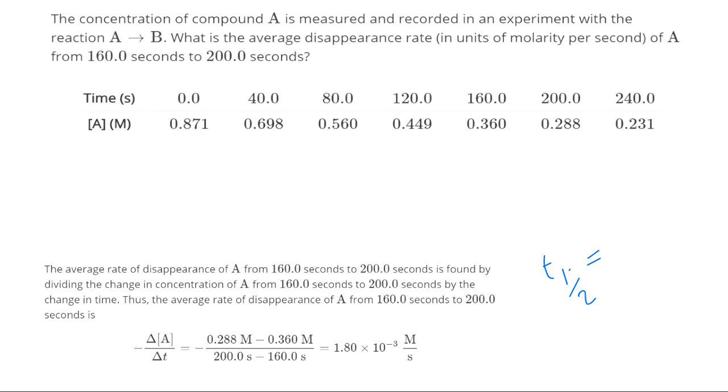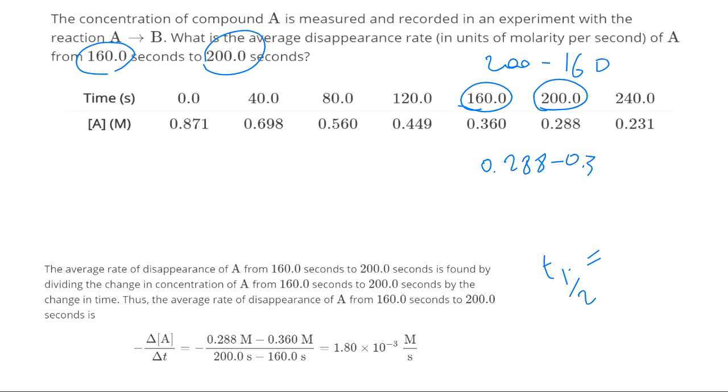Another example says the time is given and the concentration is given, and it is asking for the rate, or the average disappearance rate. Between 160 and 200, you find the time change here, so it's going to be 200 minus 160, and the change in concentration is going to be 0.288 minus 0.36.